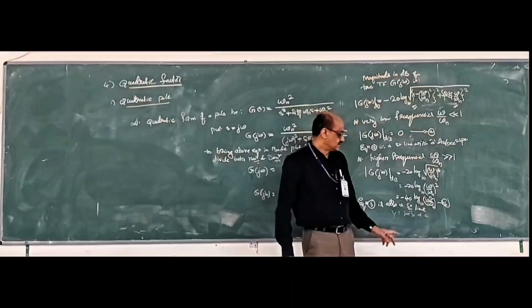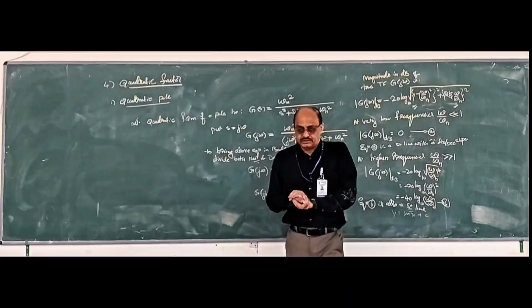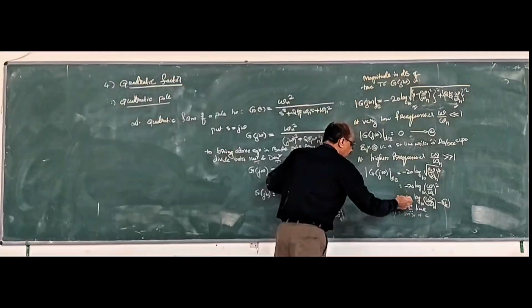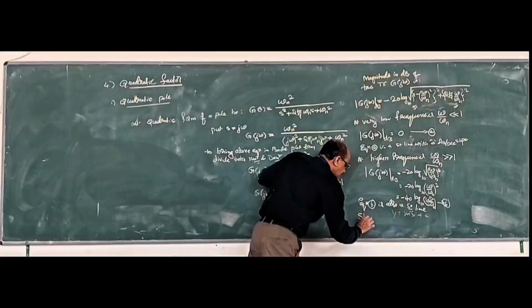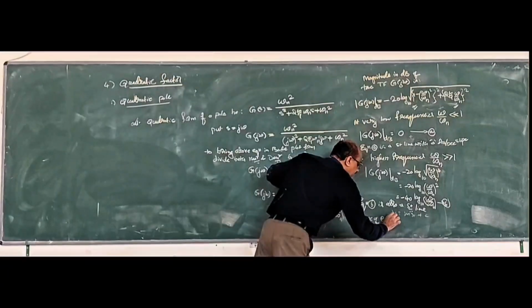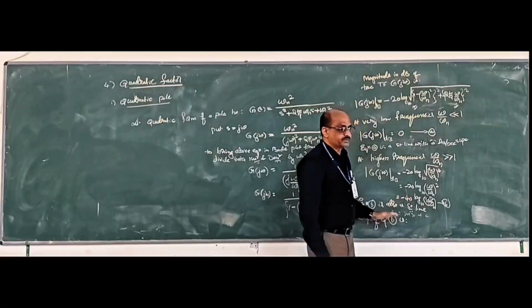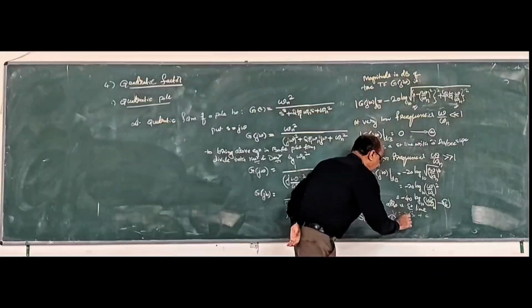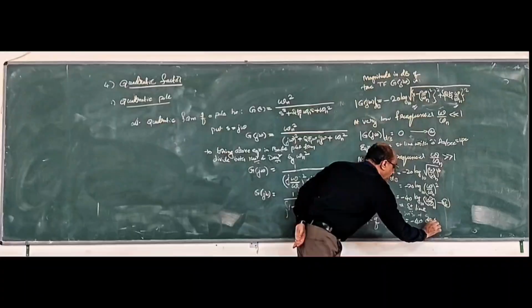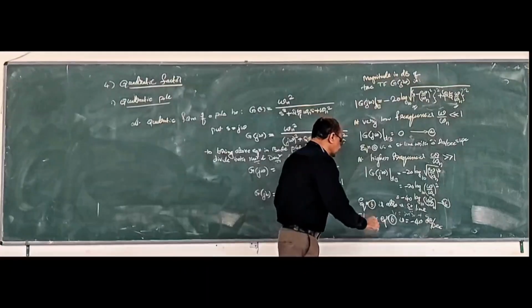X is log omega. Our intention is to know the slope of this one. The slope of equation B, dividing with respect to log omega, I get the slope equal to minus 40 dB per decade. Minus 40 dB per decade.